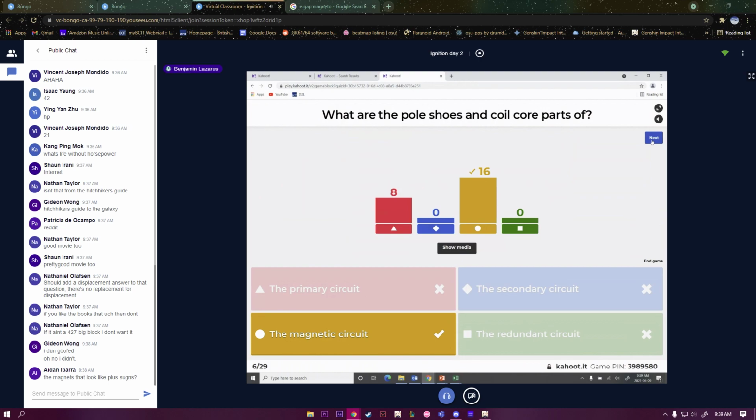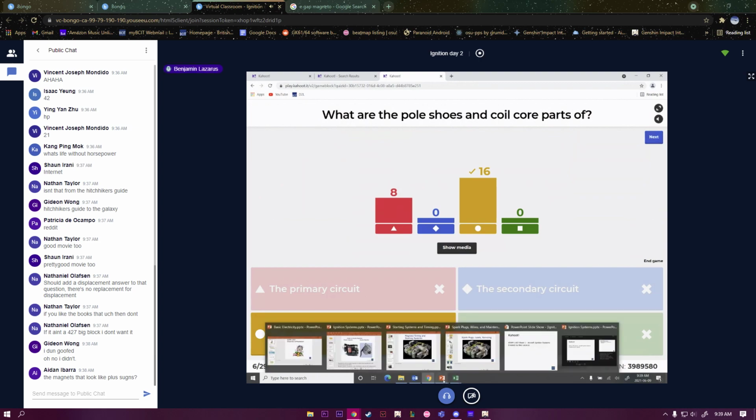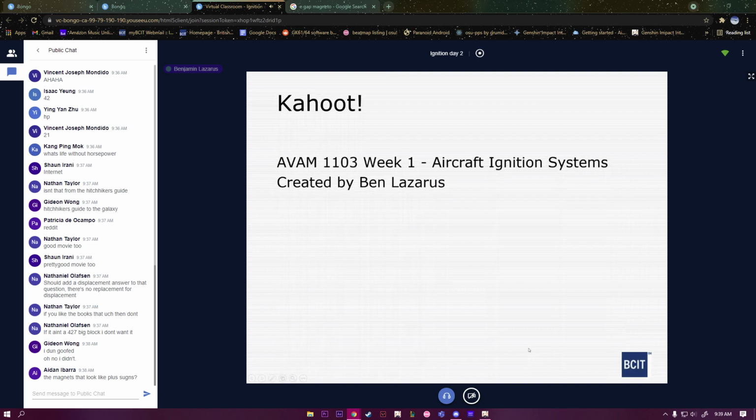The magnetic circuit. Right. I actually had you name the parts of the primary circuit. The magnets that look like plus signs. Yeah, that's a 4-pole magnet. Let me pull up. Our 4-pole magnet looks like north, south, north, south.